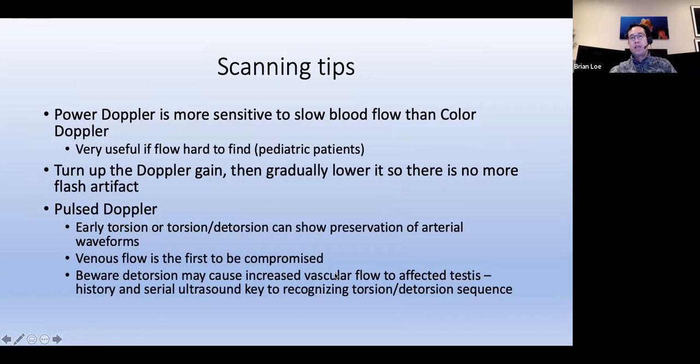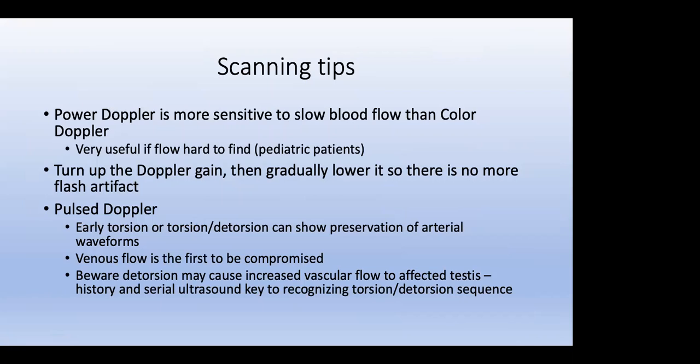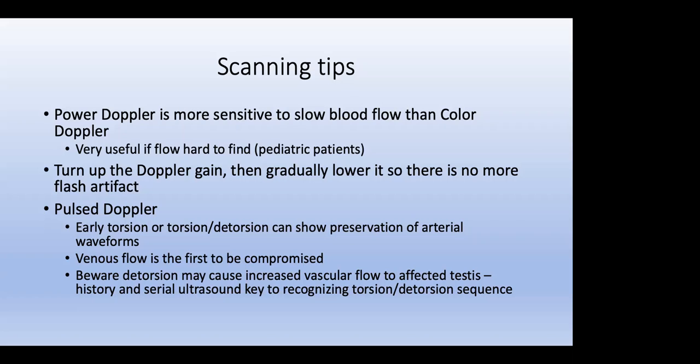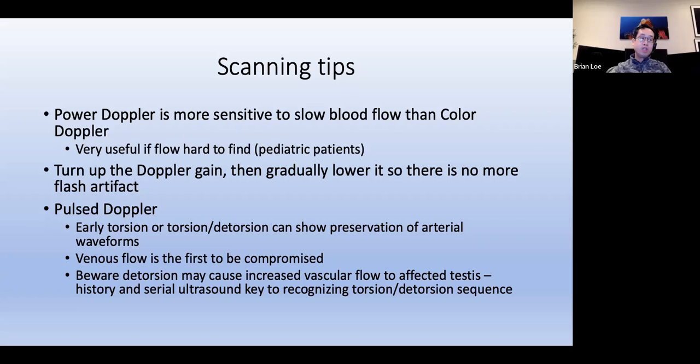So, tips for scanning testicular torsion. We want to use power Doppler if we are unable to find color flow. So we'll start with color Doppler with the blue and the red, but if we don't see any obvious flow in that modality, we will switch to power Doppler.